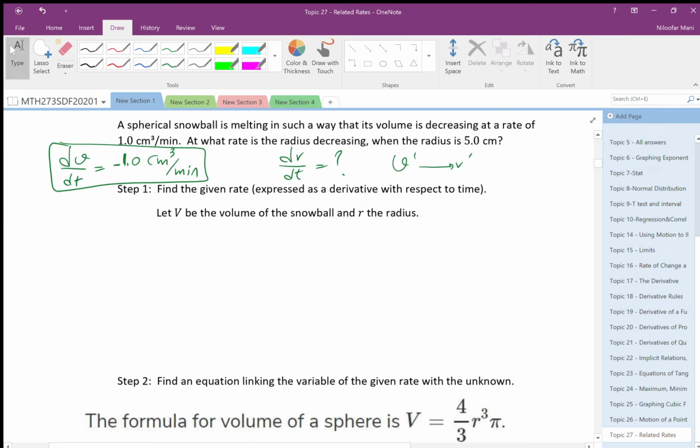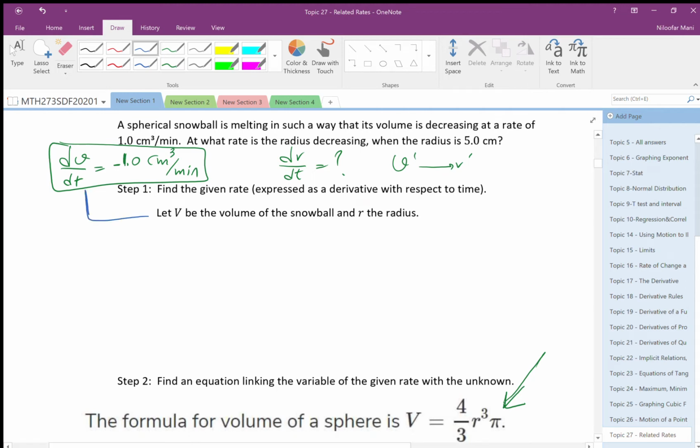So the equation will be given to you, or you can just find it easily with your information. So find the given rate. Let V be the volume of the snowball and r be radius. Okay, so I did this here.